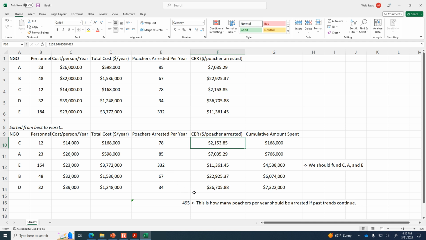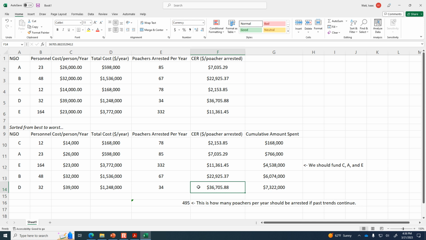Whereas if we went with the Gorilla Watch, it looks like they spend too much time watching gorillas and not enough time arresting poachers, because $36,000 is their average cost per poacher arrested. So they're not at the top of our list in terms of maximizing efficiency.